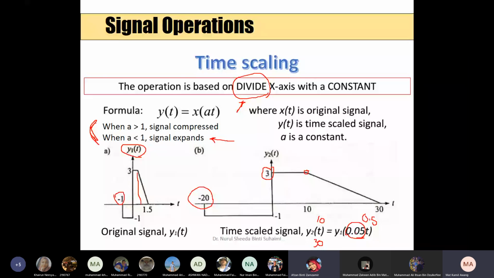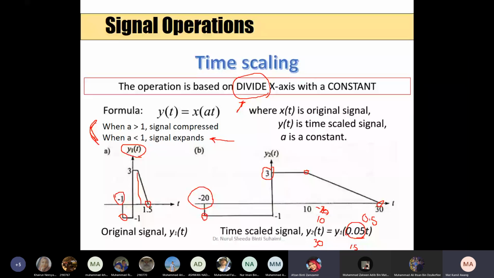So it takes the value at 1.5. Then at t equal to minus 20, minus 20 times 0.05, what is the value? Minus 1. We take this value.